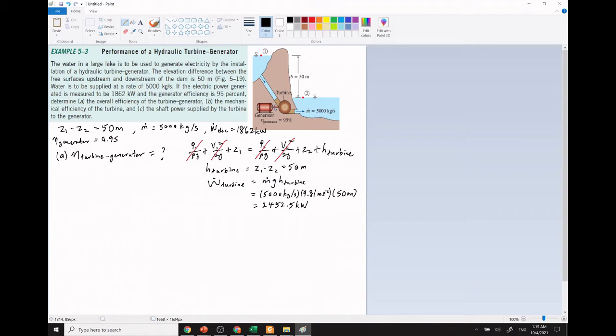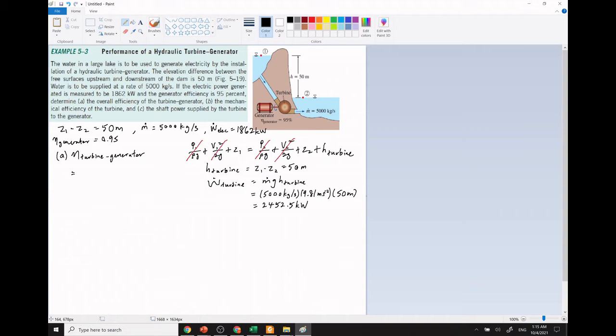Alright, to get the overall efficiency for turbine and generator, we must know the mechanical energy that is being transferred to the turbine.